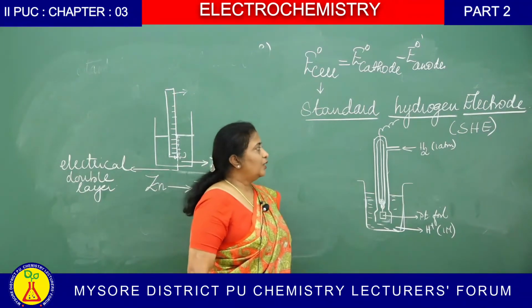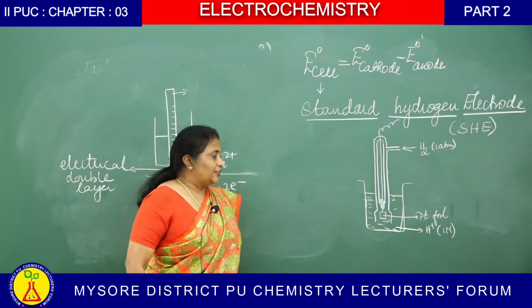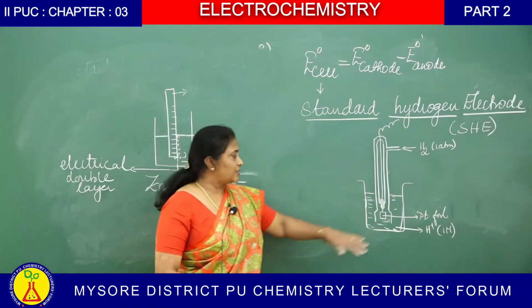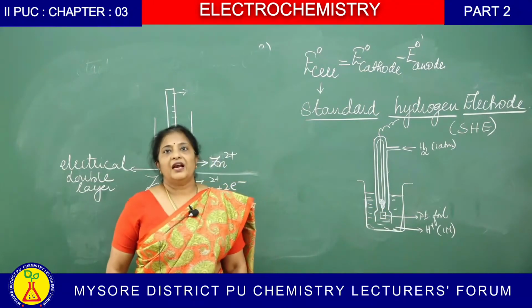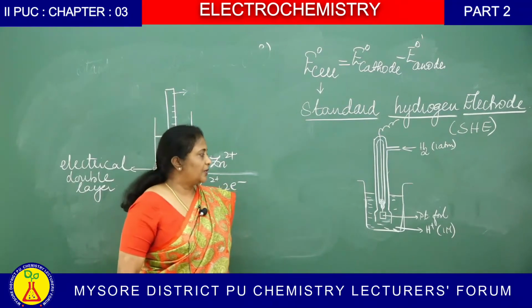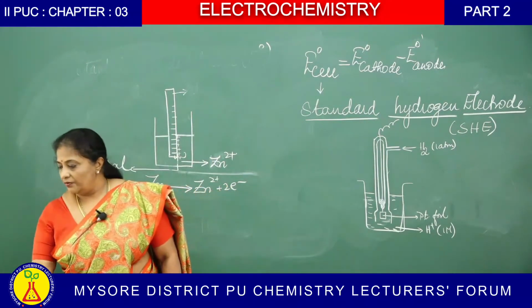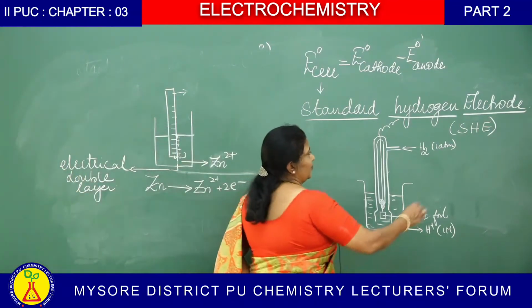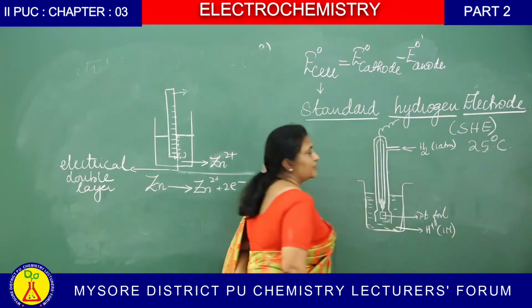On the platinum foil the hydrogen atoms get absorbed, so it looks as if H2 is in contact with the hydrogen ions which are present in solution. The temperature is maintained at 25 degrees centigrade.